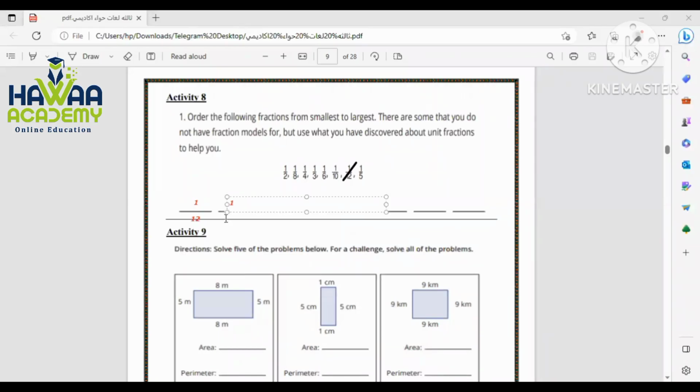Okay, and the second fraction will be 1 over 10. After 1 over 10, we will put 1 over 8. After 1 over 8, we will put 1 over 6. After 1 over 6, we will put 1 over 5.